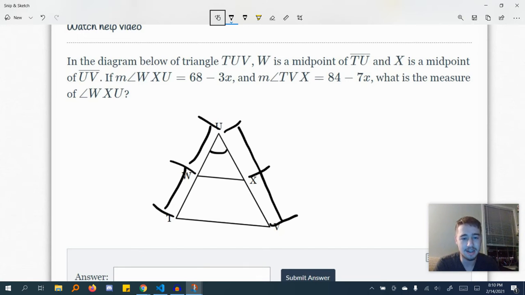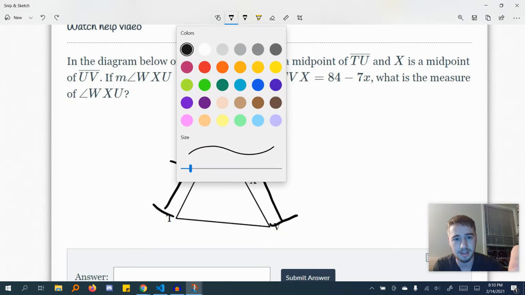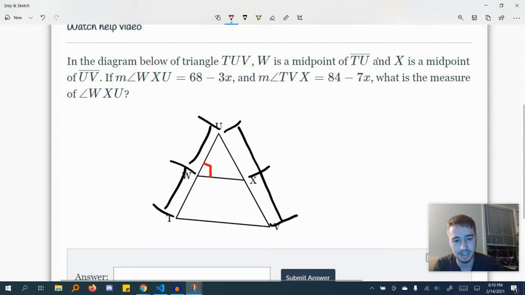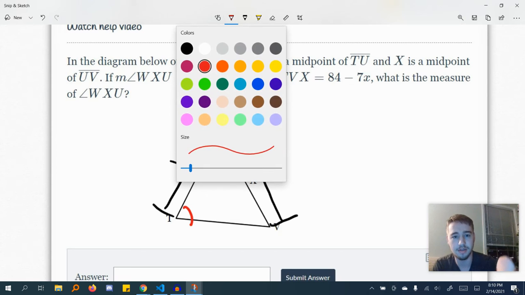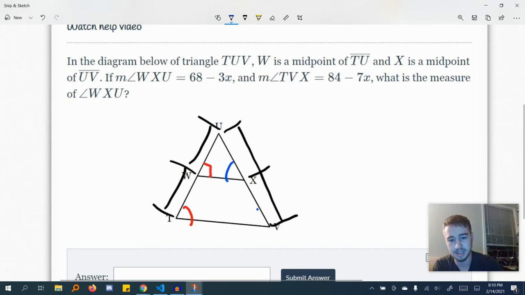Meaning, since this angle is the same and the ratio of this side to that side is both half of this side and this side respectively, side angle side shows us that these triangles are similar. What that means is that the red angles are the same as each other, and the blue angles are the same as each other.